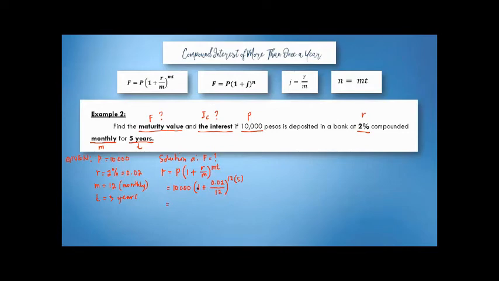So, i-simplify natin or pwedeng direct na siyang i-input sa calculator.